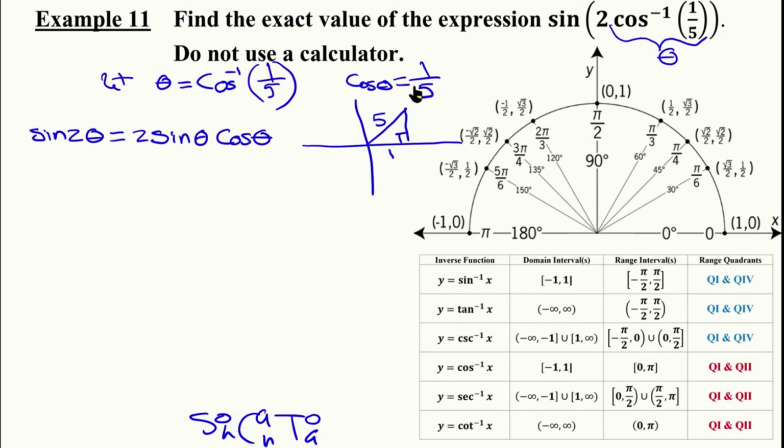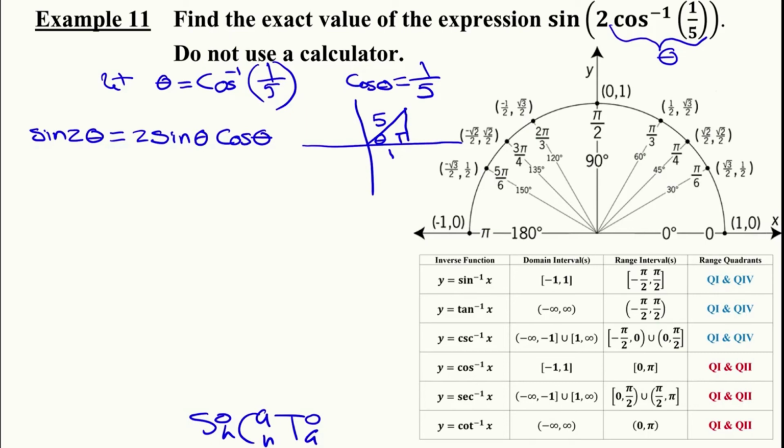Now remember, this is not a unit circle, but we're doing it using triangles here. All right, so we need to find out what this missing piece on the right side is. We have to calculate that using the Pythagorean theorem.